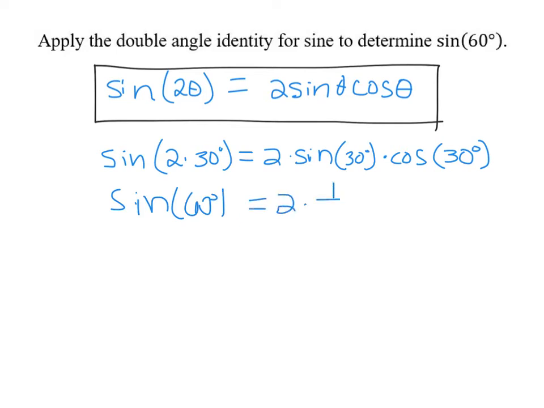Now that would be 1/2 times, and then the cosine of 30, of course, is root 3 over 2. And the 2 and the 1/2 will cancel and leave us with root 3 over 2, and I believe that is correct. That is the sine of 60 degrees. So looks like this identity is working.